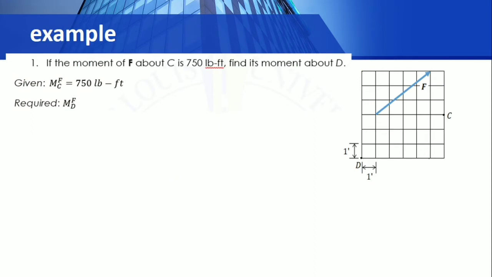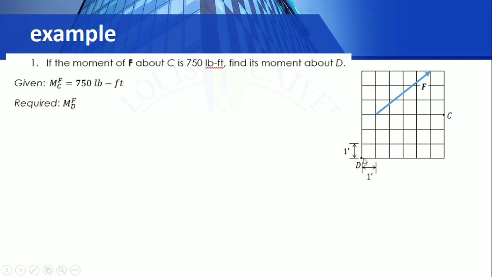So example na tayo. So first example, if the moment of F about C is 750 pound feet, find its moment about D. Okay? So this is a coplanar system o coplanar forces. So sabi niya dito, if moment of F about C is 750 pounds, hanapin natin kung ano yun naman yung moment niya about D. Okay?